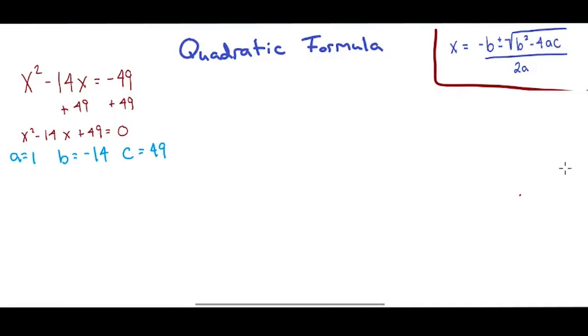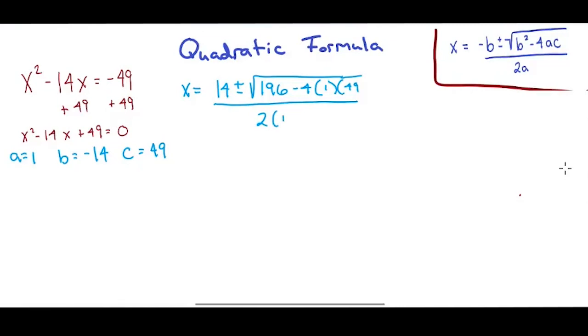All right, so x equals negative b, well, negative 14 is positive 14, plus or minus the square root of 14 squared, which is 196, minus 4 times a, which is 1, times c, which is 49, all over 2 times a, which is 1.